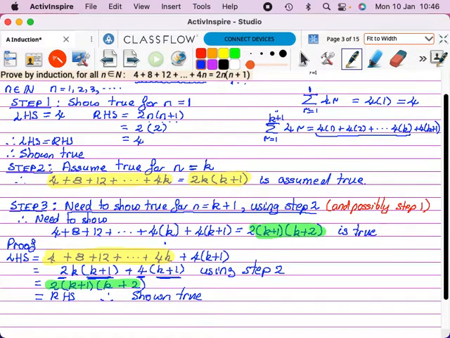Now what I can do is move on to step 4. Now all you've got to write down for step 4 is that proof follows by induction. And you've got the full marks.